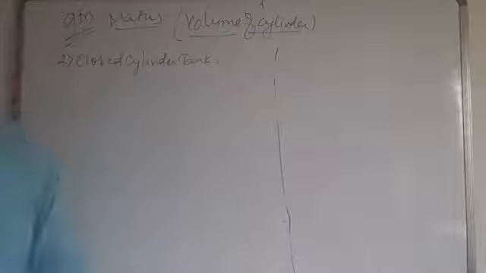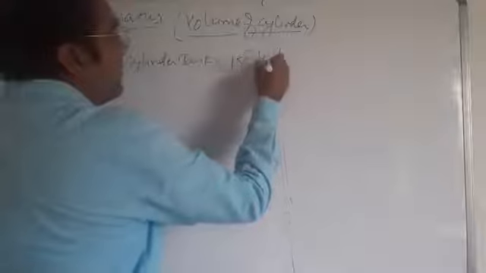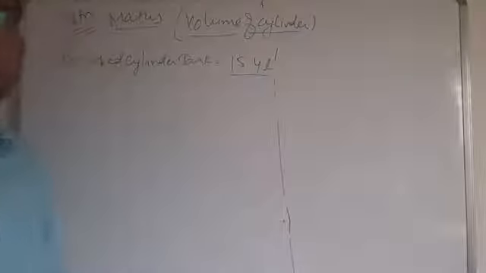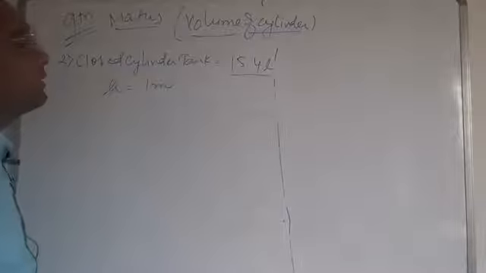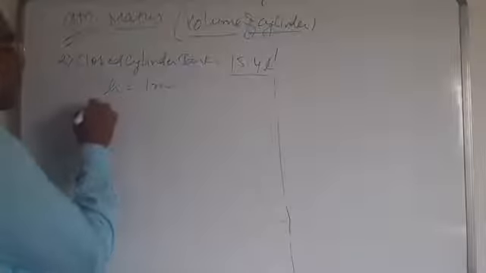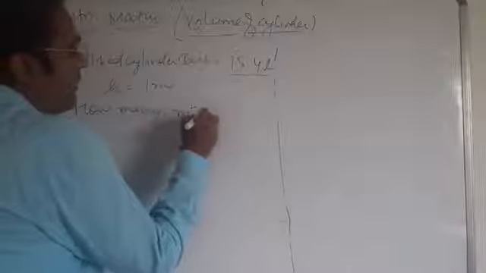Okay, their capacity is given, that means the volume is given as 15.4 liter, and their height is 1 meter. So how many square meter of metal sheet would be needed to make it? The question is how many meter square of metal sheet is needed to make it.